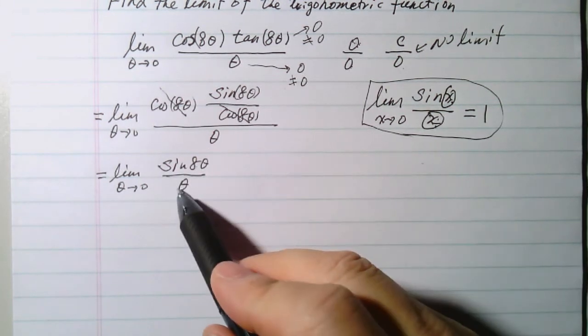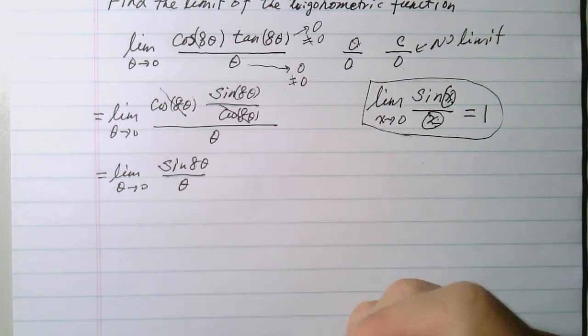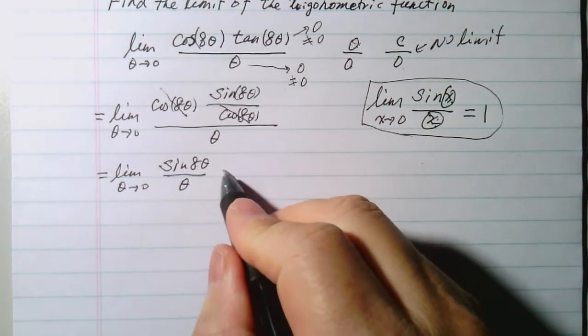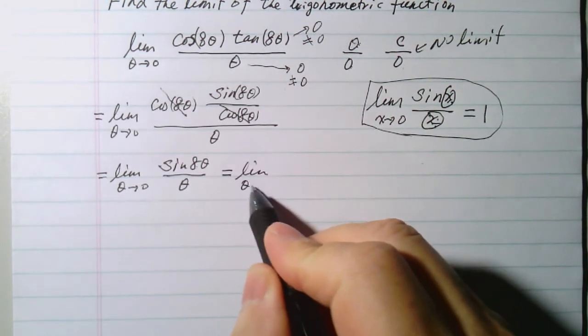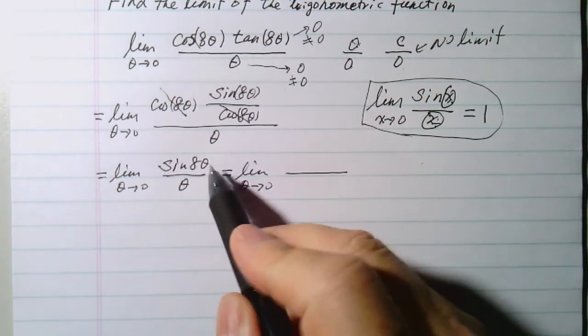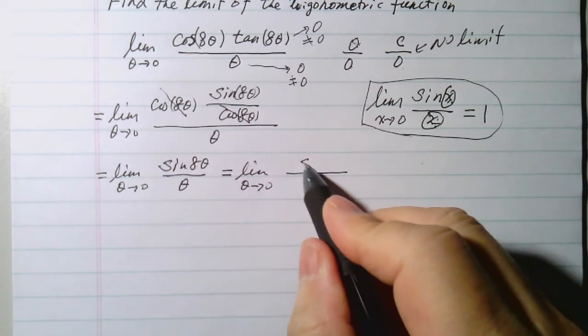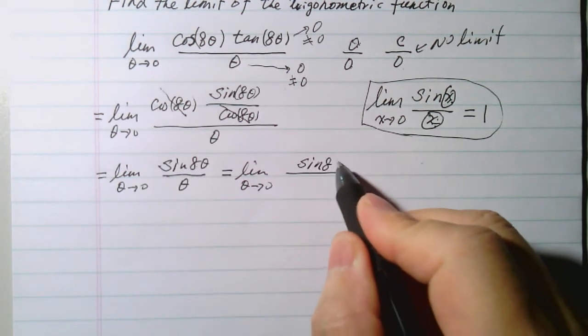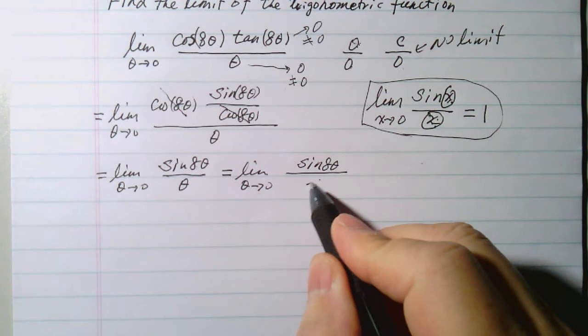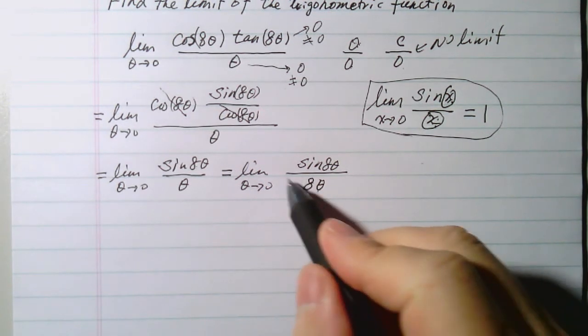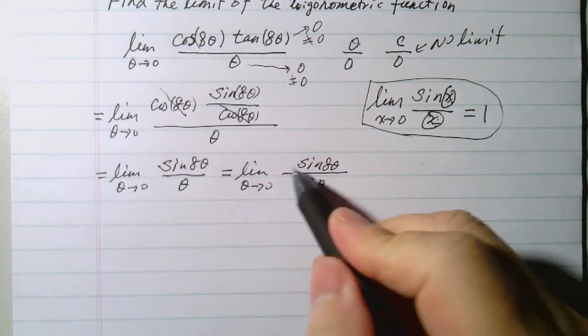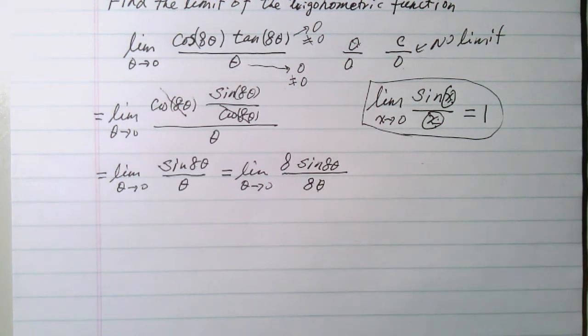If it's not, I can't say it. So in order to use this, I can do the following. I can't factor out 8, but I can multiply the denominator by 8. When you multiply 8 into the denominator, you also need to multiply by 8 in the numerator.